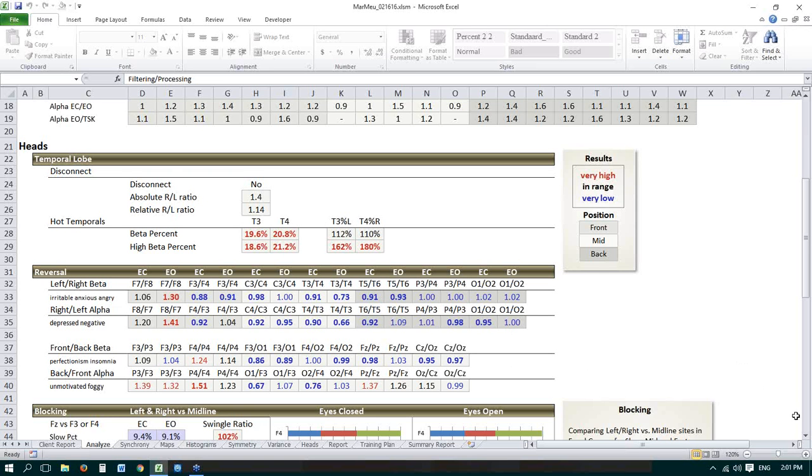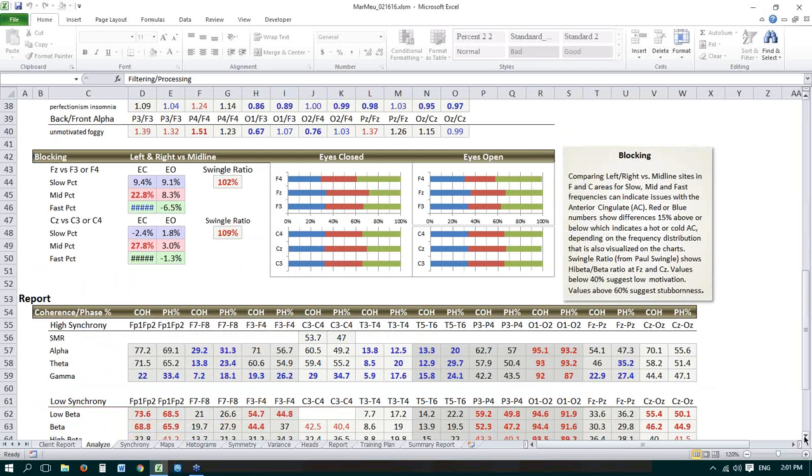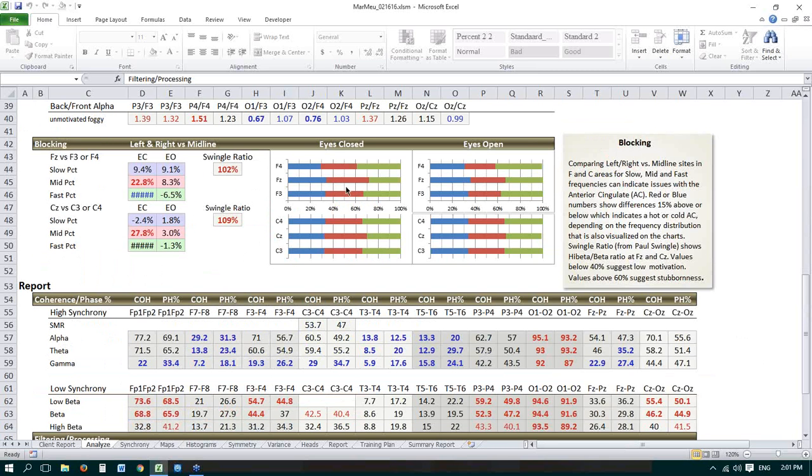These here relate to reversals, alpha and beta reversals between left and right sides of the head and front and back. Those are major, the work of Davidson and others, a major issue that we look at. This is the midline, so we can see if there are places where it appears that the cingulate is very different from the cortex.